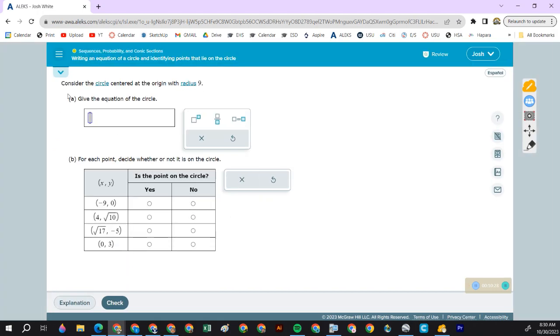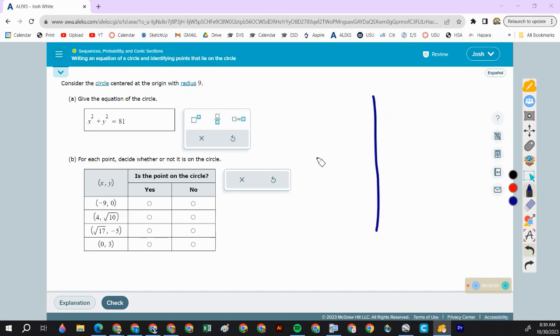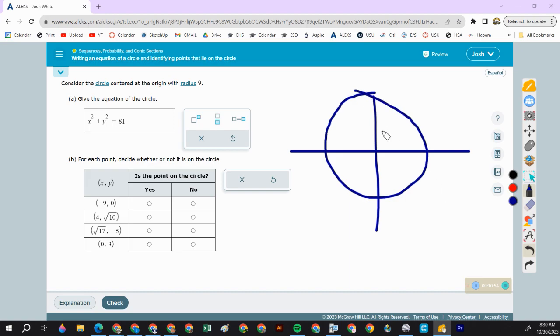Okay. So a circle centered at the origin is going to be x squared plus y squared is equal to 81. And it wants to know, is this point on the circle? So we have this circle here. That's not very good.